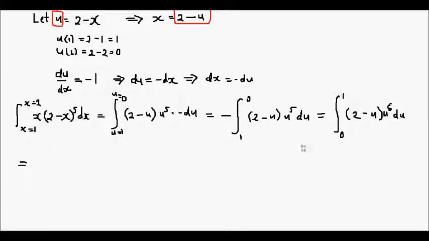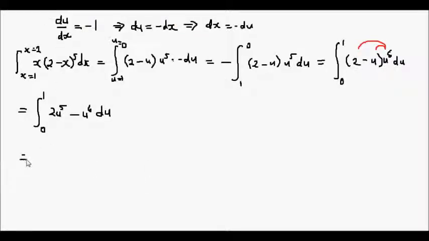And we can expand this u to the 5th term inside the brackets to make it even easier to integrate. Doing that yields the integral from 0 to 1 of 2 times u to the 5th minus u to the 6th du.